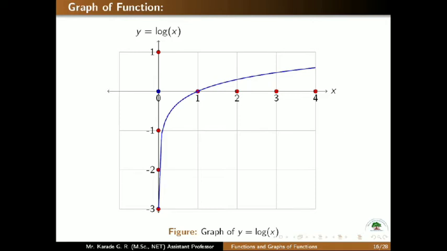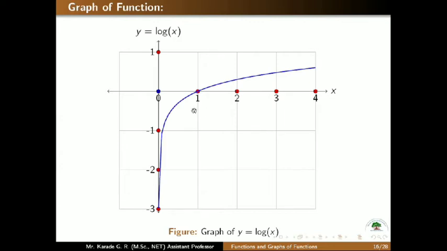Now consider the next graph, of log x. As we have seen, the log x function is defined only for positive real numbers. Therefore, the graph of log x is situated in the first quadrant and fourth quadrant only.